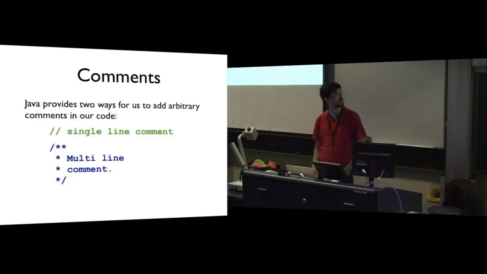We talked about comments, and somebody asked me after class, when do you use which kind of comment? It's really up to you. Normally a good style is to put a comment at the top of your class describing the class, and to put a comment at the beginning before each method describing what that method is for.